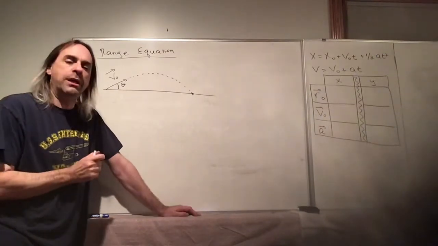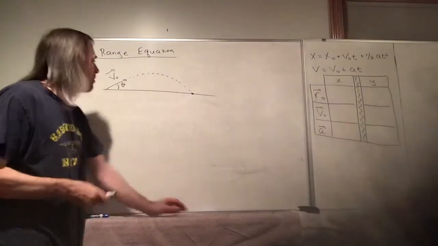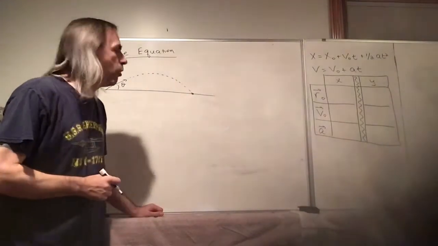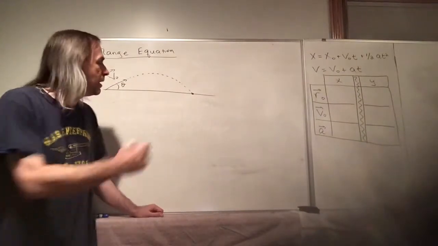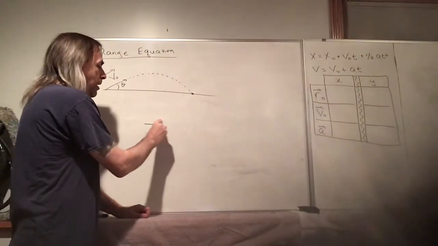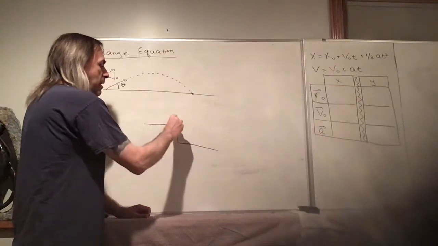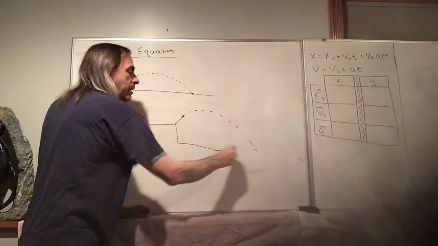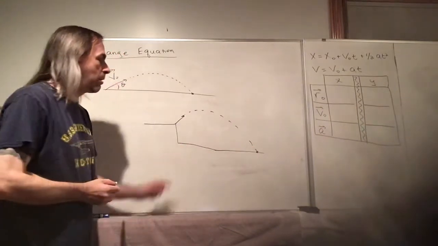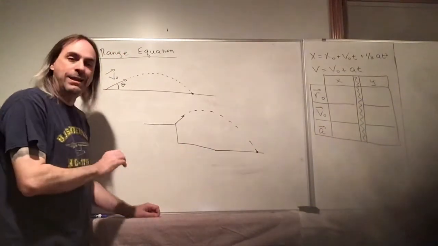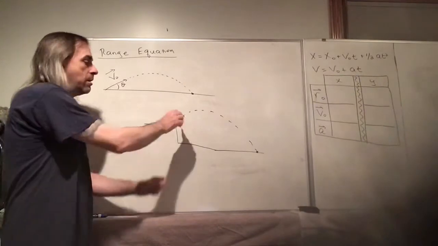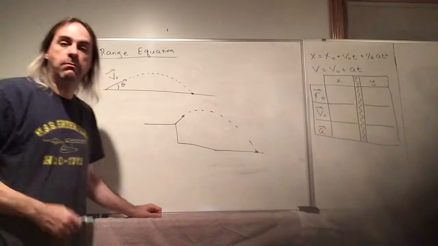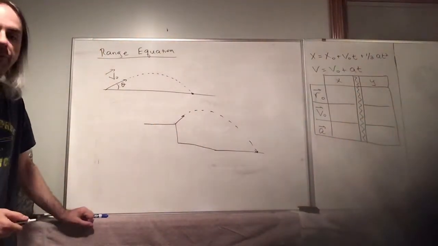Now, this is a very specific problem where the projectile is launched and it's going to land on the same level that it was launched from. So if you have, say, a problem where you fire a projectile off of a cliff and it's going to land a certain distance away, you cannot use the range equation here because it's landing at a different height than it was launched from.